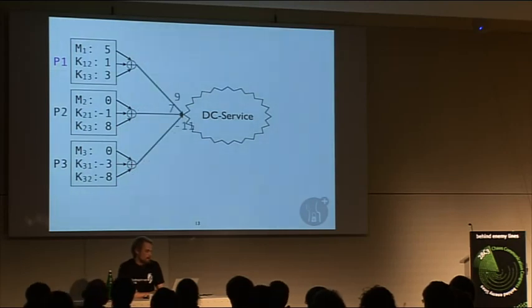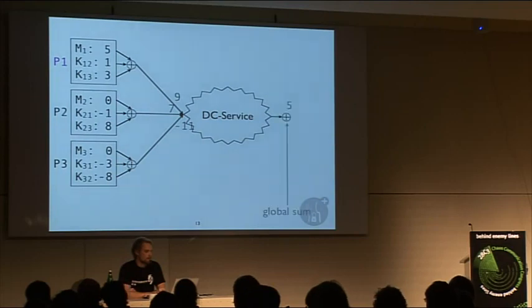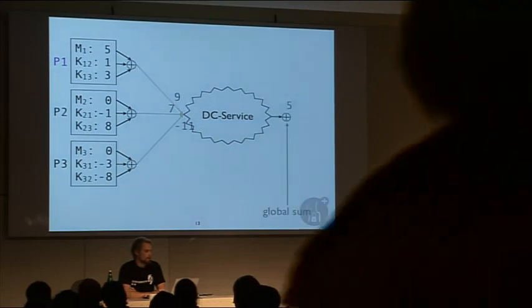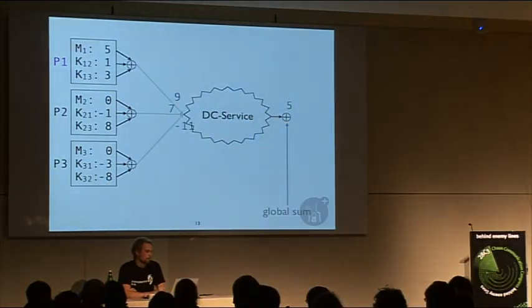This is what can be observed by the data retention, but there is nothing, because these messages, these local sums, are like one-time pads. There is nothing that is worthy to be observed. And the DC service takes the local sums and adds them up to a global sum, and what comes out is the message that participant number 1 intended to send.